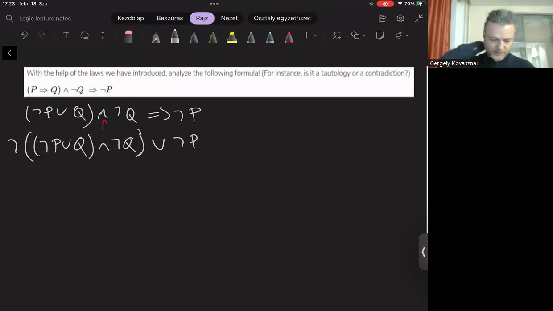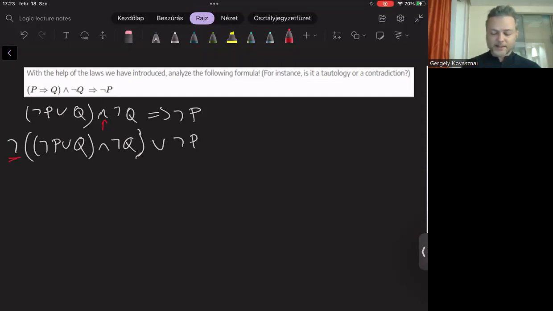Okay, let's continue. And, well, what should we do next? Well, maybe this negation, which negates an entire compound formula. So this is interesting. Maybe this could be simplified somehow. And yeah, actually, this is the case. Exactly.